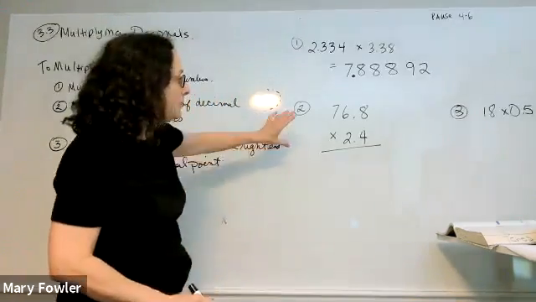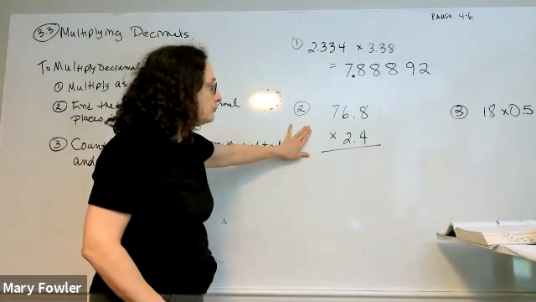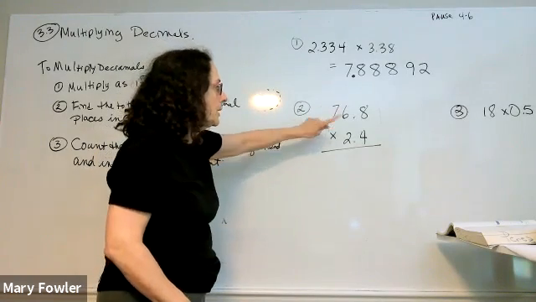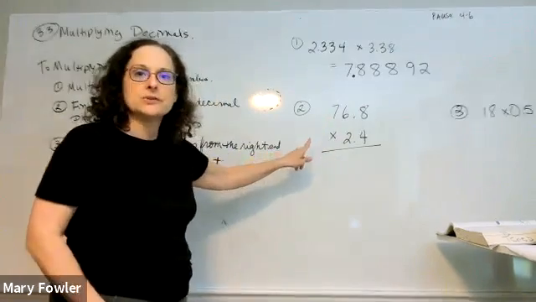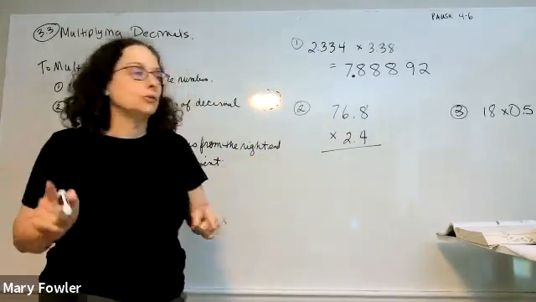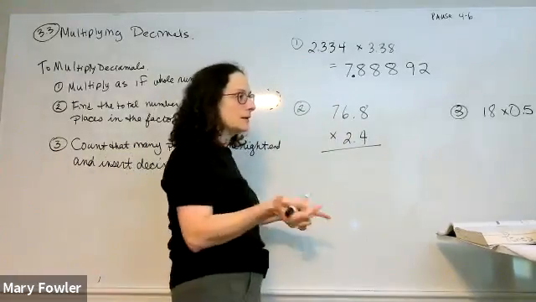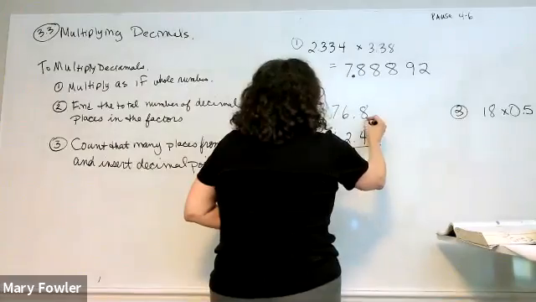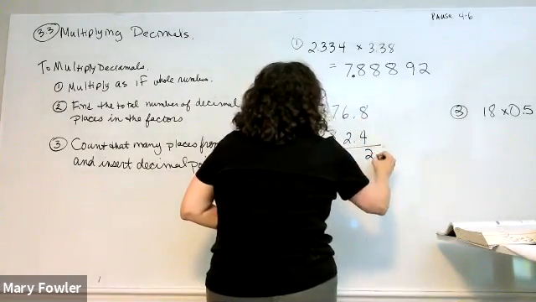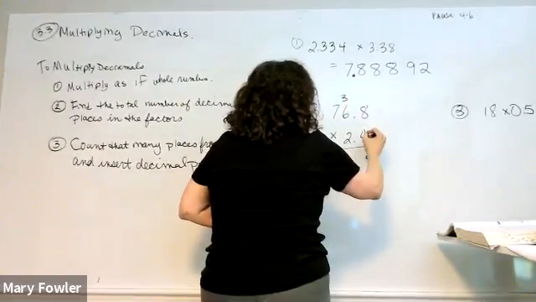So let's go ahead. We're going to work on this number 2. So we're going to multiply as if there were no decimals. So just multiply as if these are whole numbers. So take a moment if you want. You can work quietly. I'll work quietly. And hopefully we get it right. But that's why we have each other.